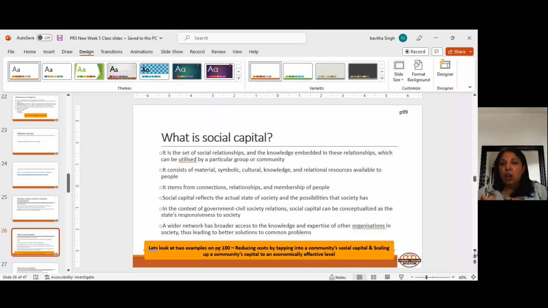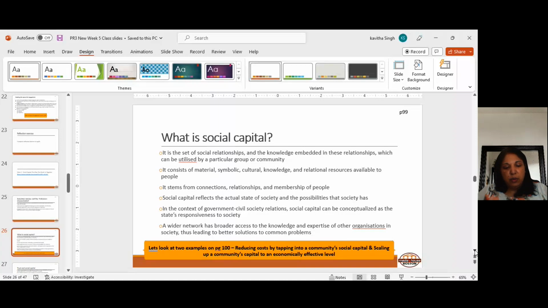In the context of government civil society relations, social capital can be conceptualized as the state's responsiveness to society. A wider network has broader access to the knowledge and expertise of other organizations in society, thus leading to better solutions to common problems. I think that is quite self-explanatory in terms of what we have gone through.